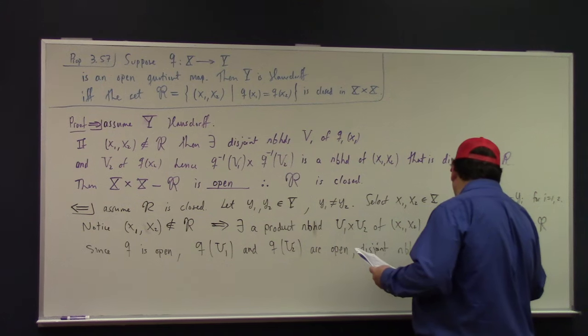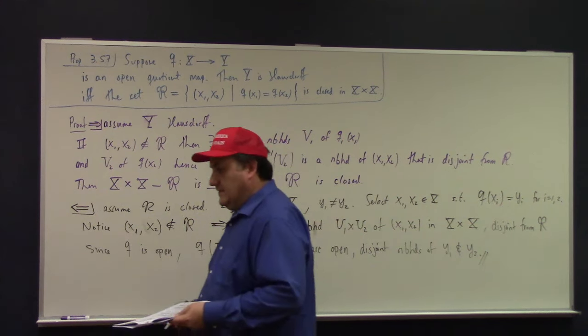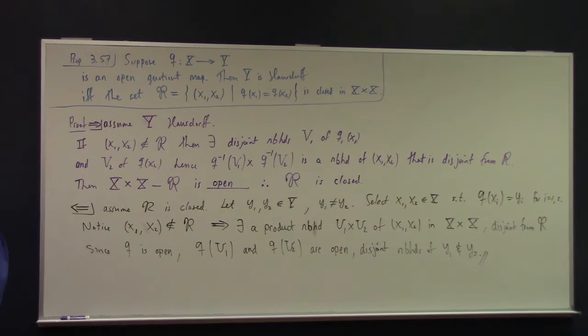To say a map is open is to say that it maps open sets to open sets. To say a map is closed means that it maps closed sets to closed sets.